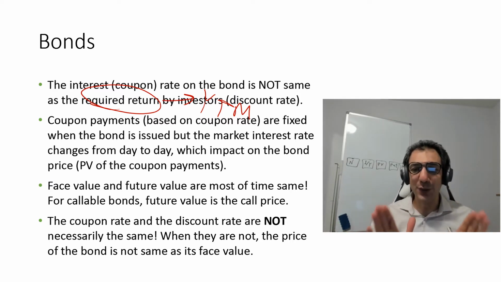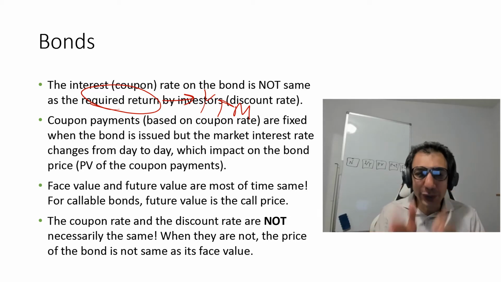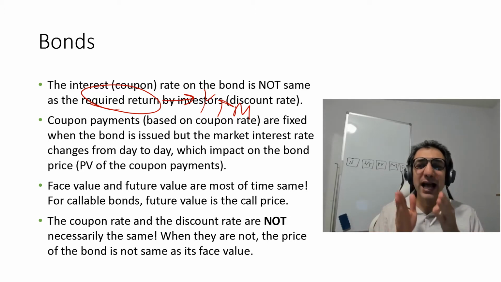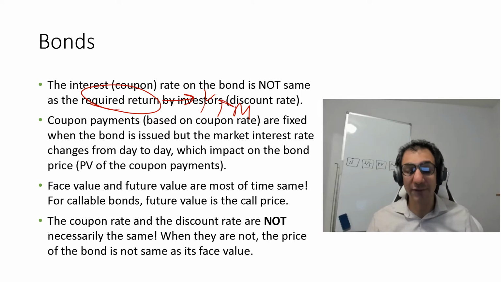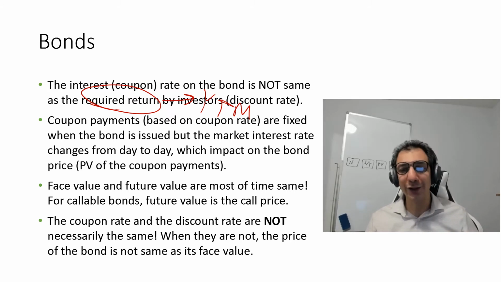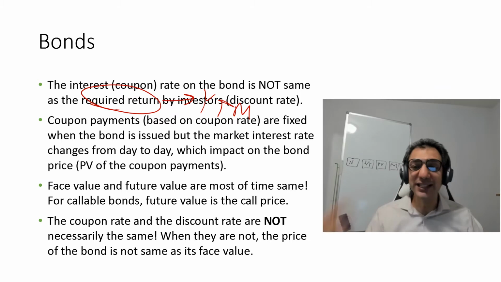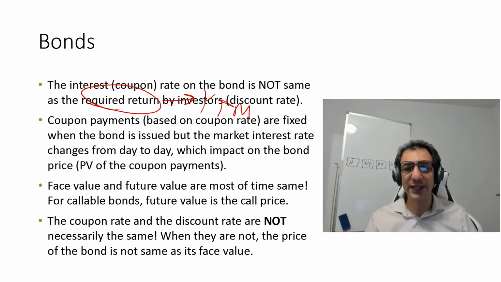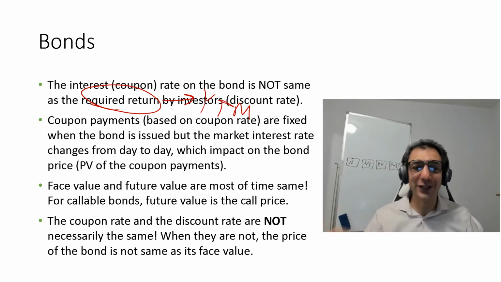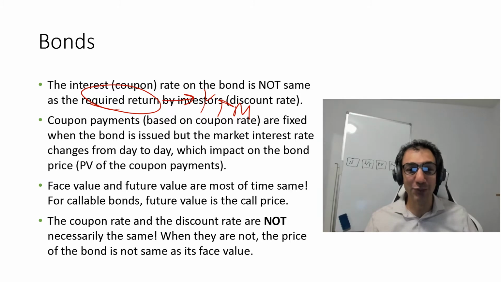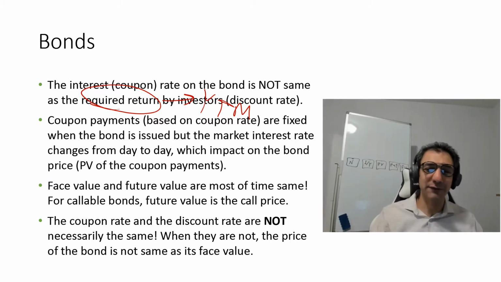The face value of the bond is $1,000, so you will use that $1,000 as your future value in your calculator. But in some cases, those are not the same. For example, for callable bonds, you should use the call price, which is greater than the face value of $1,000, as the future value. So be careful with that and distinguish between the face value and future value.